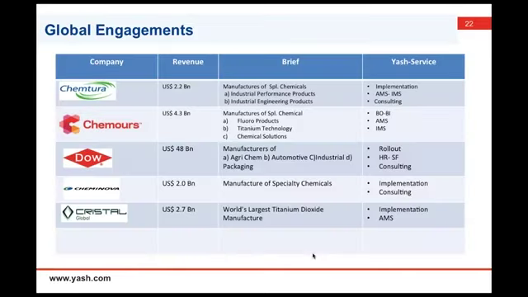In terms of global engagement, these are some of the companies. I'm sure when my earlier speaker was talking about companies like those, we've been engaging with them. Some are titanium dioxide manufacturers, some are basic chemical manufacturers, and some are in automotive and industrial chemicals. So we engage with these companies on various solutions and various technology platforms.